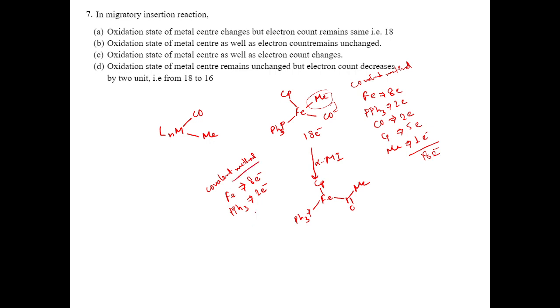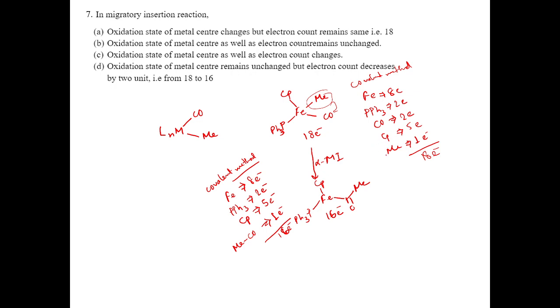Cp will give you 5 electrons, and this group, the acetyl (MeCO), will give you 1 electron. So total 16 electrons. So this is actually a 16 electron complex. That means the total electron count decreased by 2 after the migratory insertion reaction.